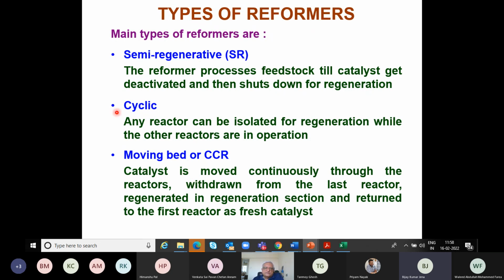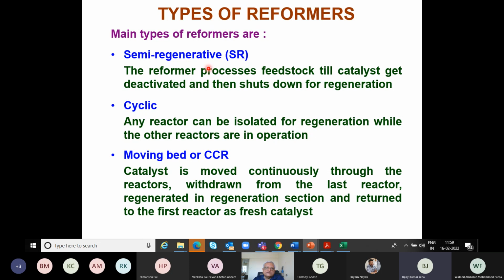ExxonMobil also came up with what is called a cyclic unit, which is the same as a semi-regenerative reformer, but with 4 reactors, out of which 1 reactor can always be taken offline for regeneration. So the entire unit operates almost continuously, because 1 reactor is always in regeneration mode.